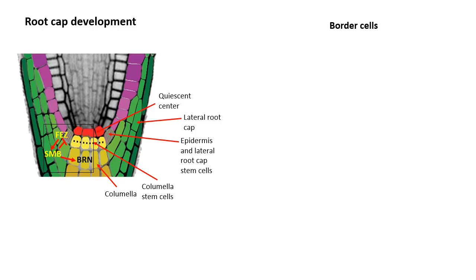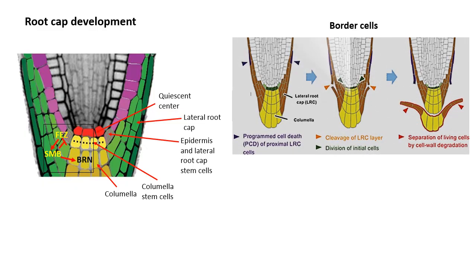Further, the root cap maintains a constant size by production of new cells from root cap stem cells and detachment of cells from the outermost layer of the root cap by programmed cell death, which is highlighted in the figure.